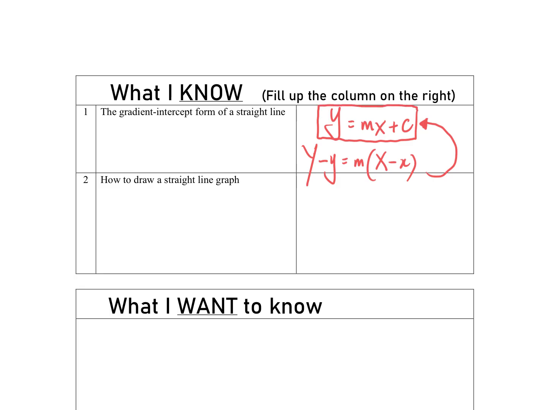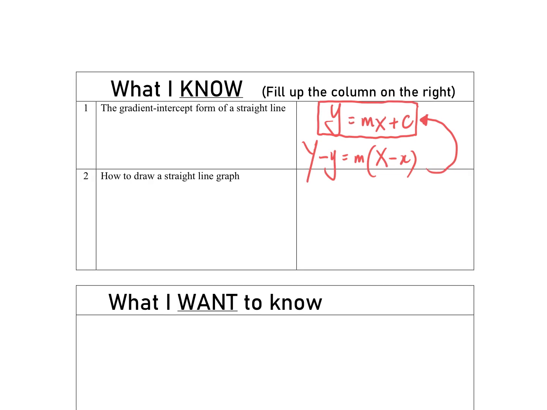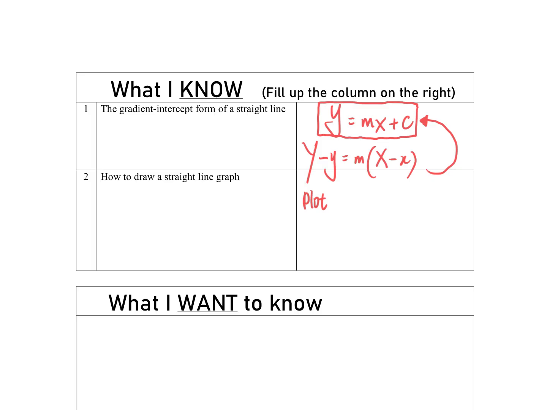So how do you draw a straight line graph? You will plot a graph of x against y.